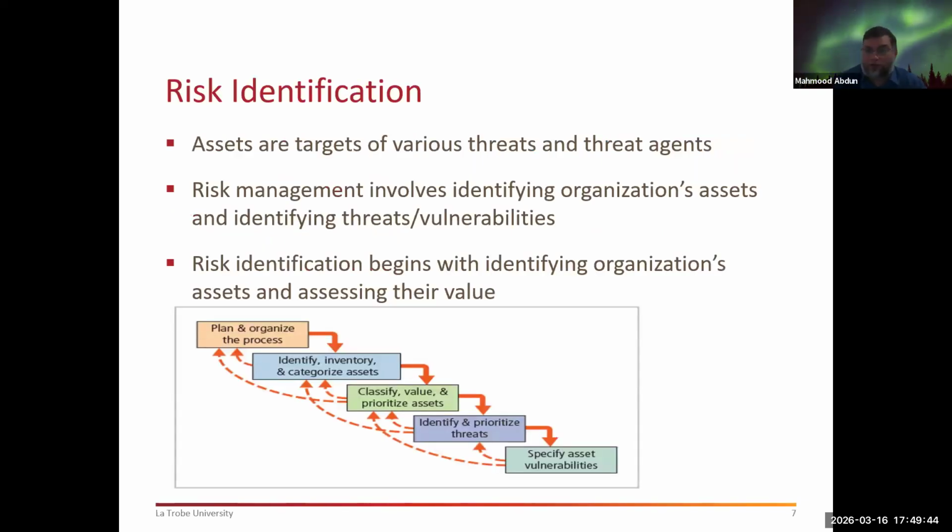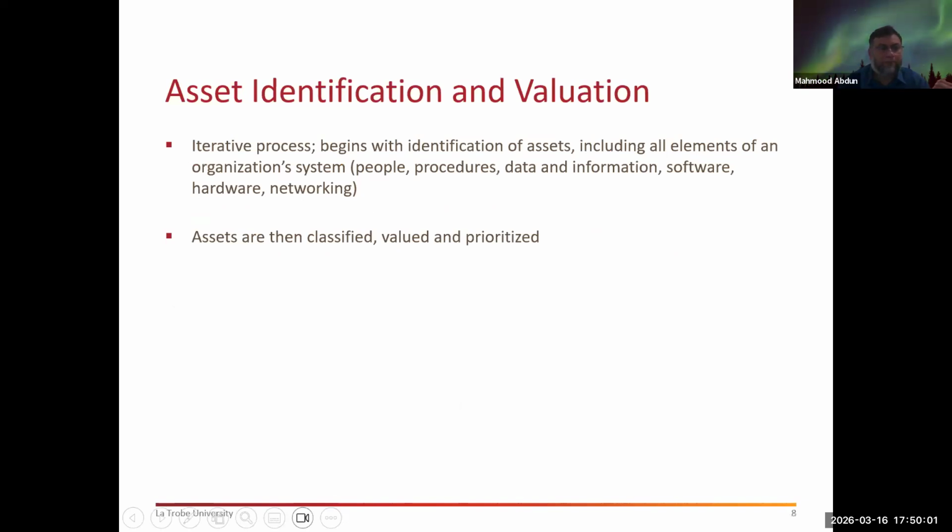Now, the first phase of the risk assessment is risk identification. In risk identification, we start with planning and organization, and then we move into identification and inventory classification. I described this before, so let's move on. Asset identification is something that we have described before.